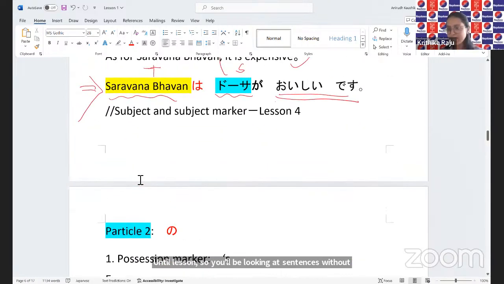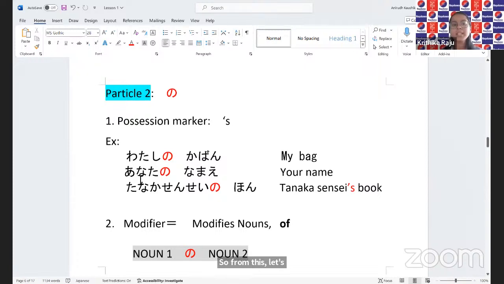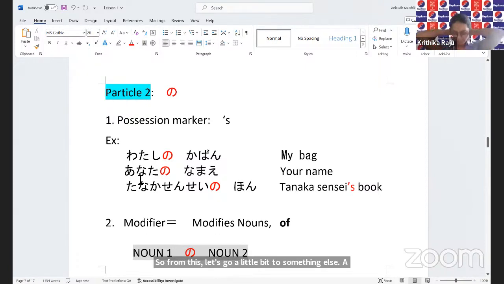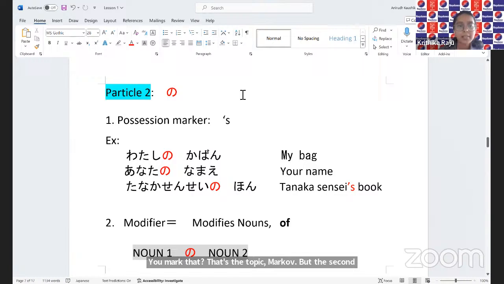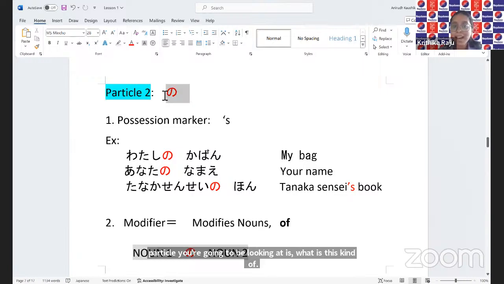So from this, let's go a little bit to something else, a new particle. The very first particle that we saw is the topic marker va, right? In a sentence, if you have a topic, you mark that with the topic marker va. Now the second particle you're going to be looking at is, what is this, Kana? No. Try again.